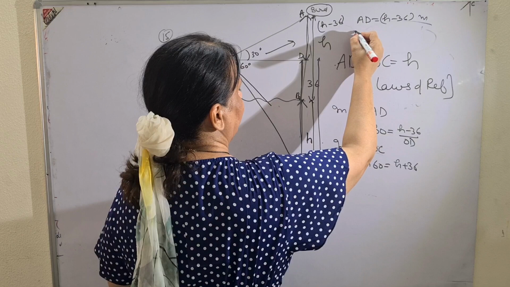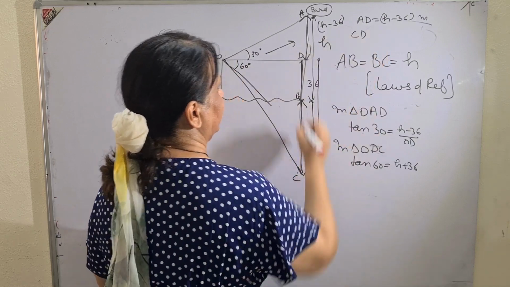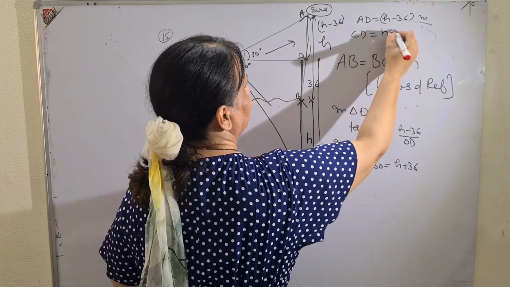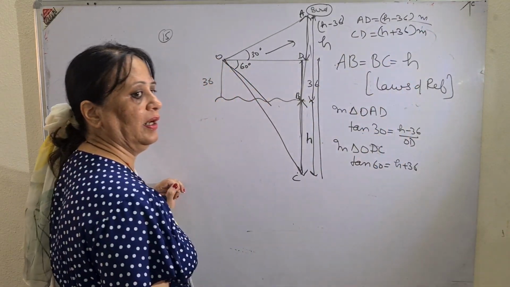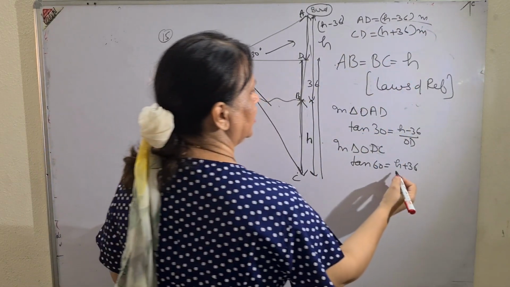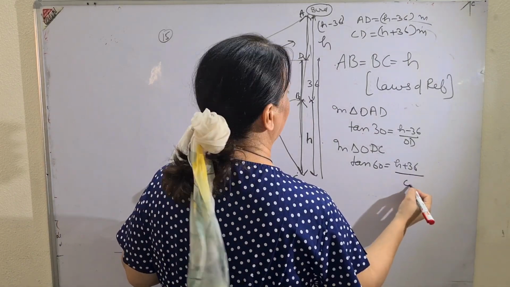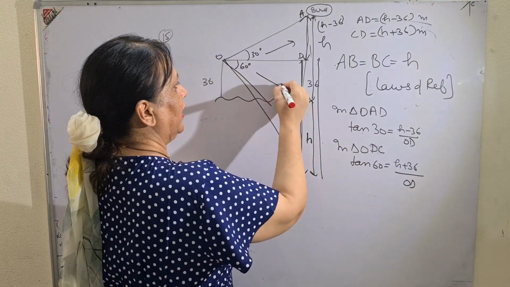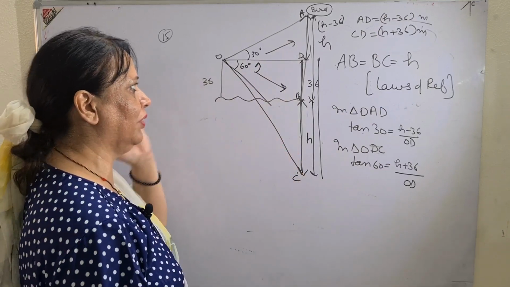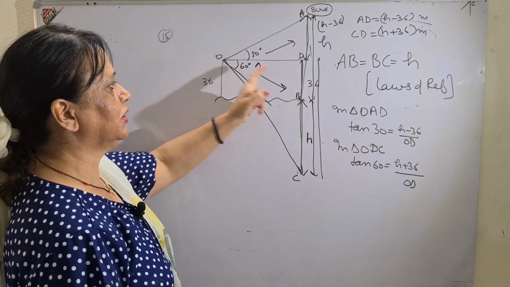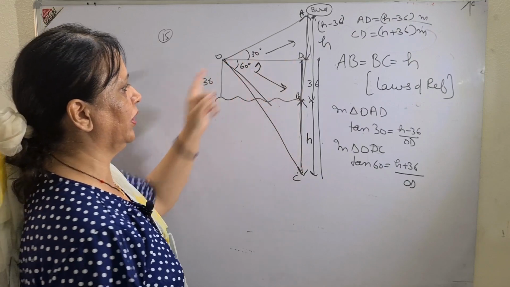So you can write here that CD is H plus 36. You will take the height according to the triangle. So H plus 36 upon OD again, perpendicular over base, and the side opposite to the angle is perpendicular and adjoining is base. So CD upon OD.